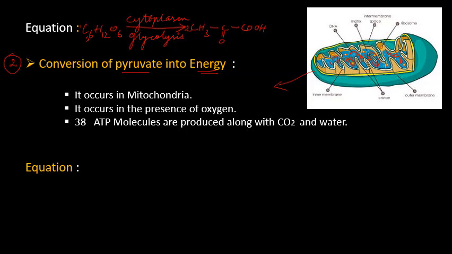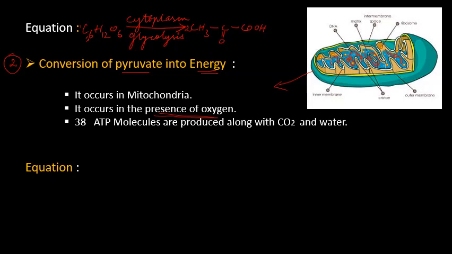You need not worry about those processes, but at this level, you know the first step is glycolysis, and the second step is the conversion of pyruvate into energy. That's enough. So here the second step, the energy is released in mitochondria, for which the presence of oxygen is very, very important.